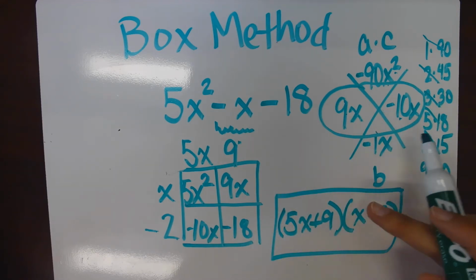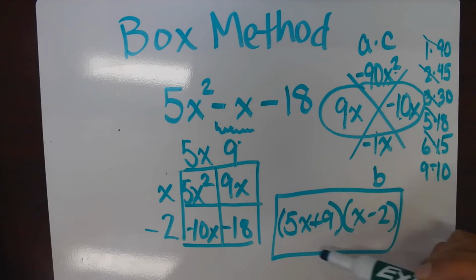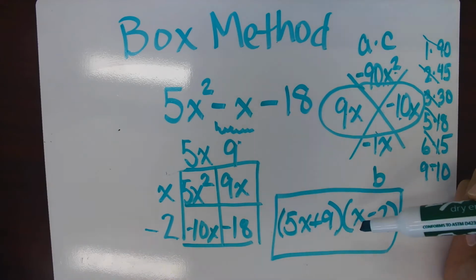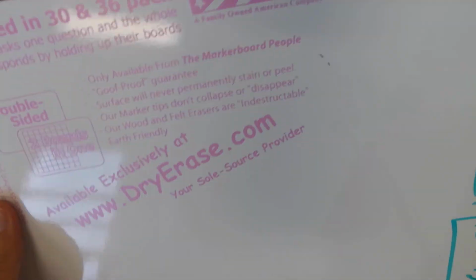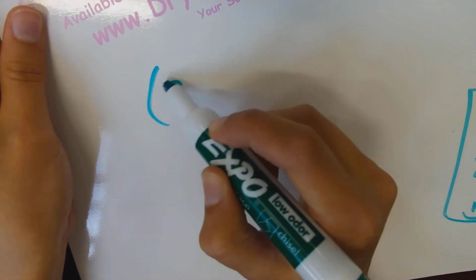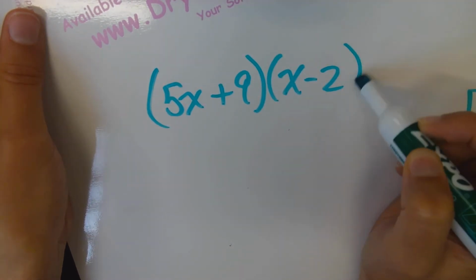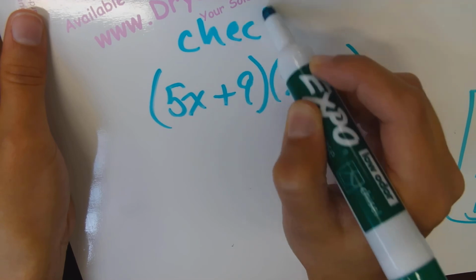If you're unsure of this answer, you can go and multiply it out to see if you get this original problem, which that's what we're going to do here. So I have 5x plus 9 and x minus 2. So this is just checking my work.